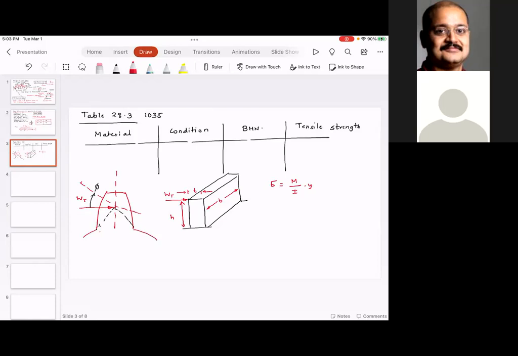So M is nothing but WT, since WT is acting here, multiplied by h, divided by b t cube by 12, multiplied by t by 2. So I have this beam strength equation.